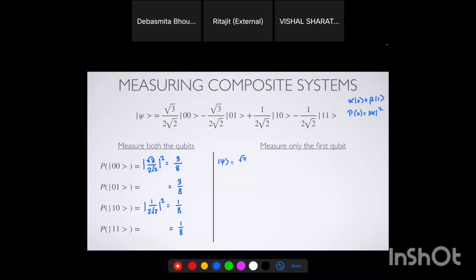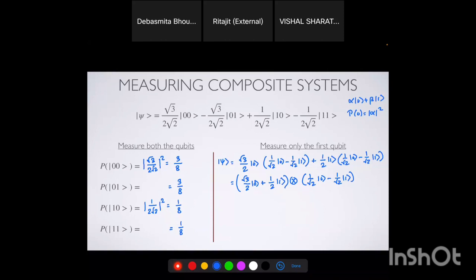Psi is root 3 over 2, 0 for the first qubit taking out, times 1 over root 2, 0 minus 1 over root 2, 1, plus 1 half, 1, times 1 over root 2, 0 minus 1 over root 2, 1. So this is just factorization. Root 3 over 2, 0 plus half 1, tensor 1 over root 2, 0 minus 1 over root 2, 1. So we have both of our qubits.